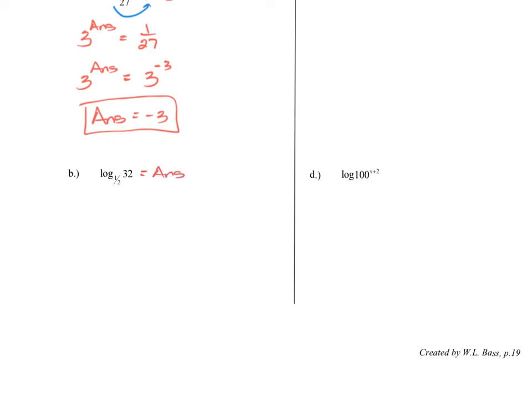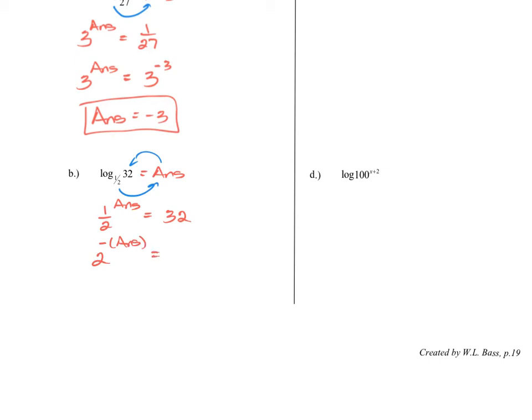So I'm going to set that equal to the answer. Then I'm going to convert to my exponential. So I'm going to say 1/2 to the ANS for my answer equals 32. The goal is to write each of these with the same base. So I'm going to, of course, write this as 2, and I'm going to put a negative answer because 1 over 2 is 2 to the negative 1.